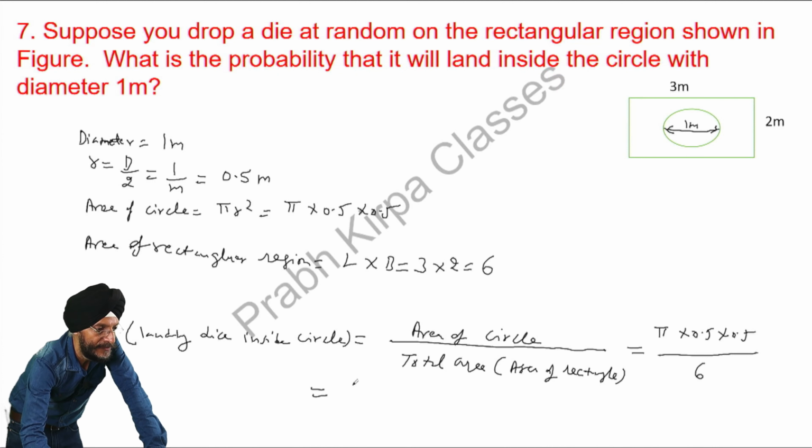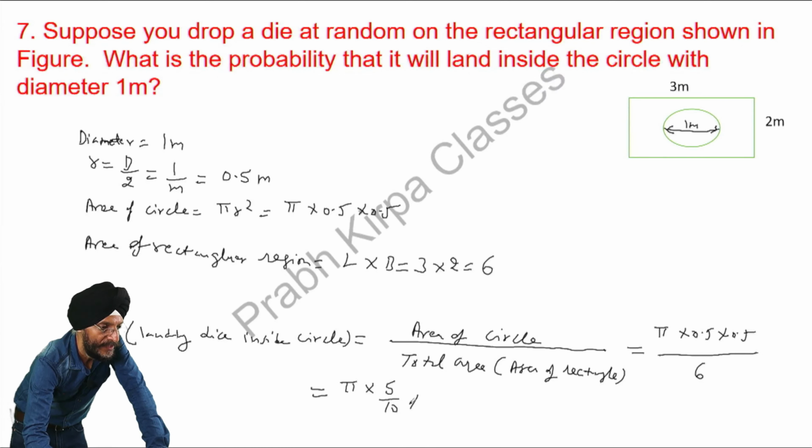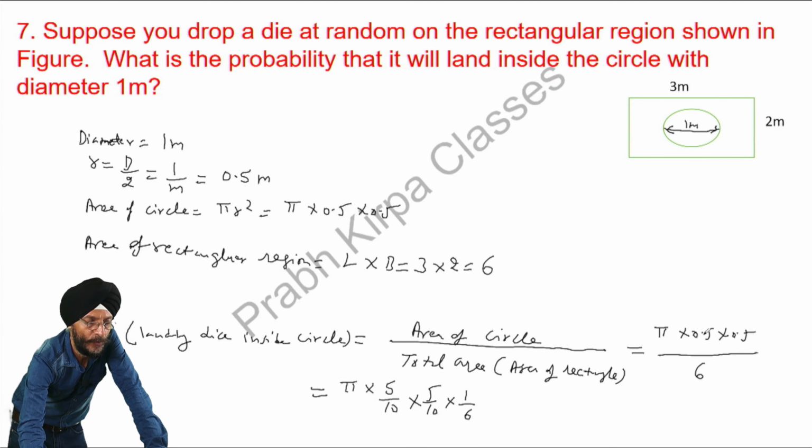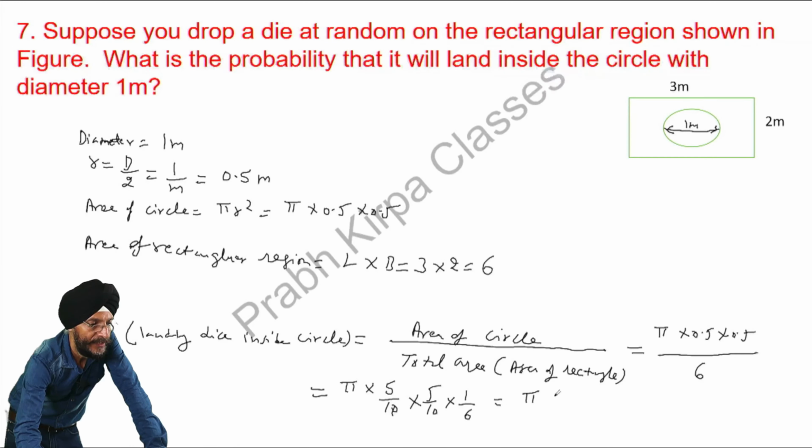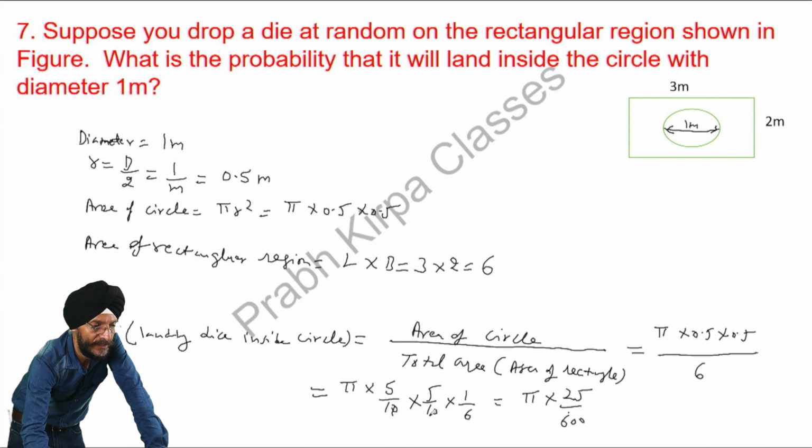We can also write it as pi into 5/10 into 5/10 into 1/6, because here we have removed the dot before 5. So here it becomes pi into 25 over 600. 10 into 10, 100 into 6, 600.